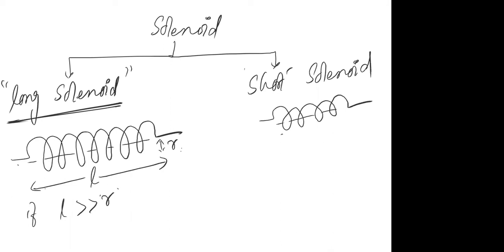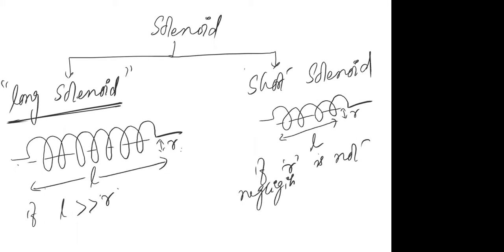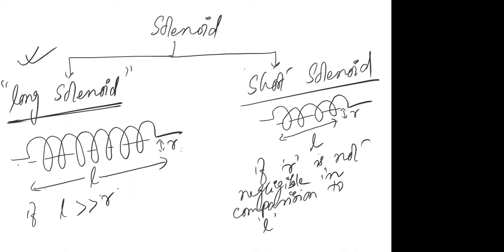For example, if we have a solenoid whose length is L and the radius of the turn is R, and here L and R cannot be neglected with respect to each other, that is, R is not negligible in comparison to L, then the solenoid would be called a short solenoid. But it's good that we just have to study the long solenoid. We don't need to discuss the short solenoid, as the syllabus only has the long solenoid.